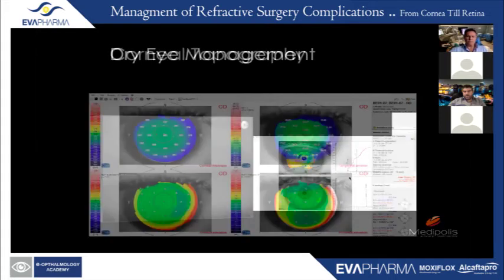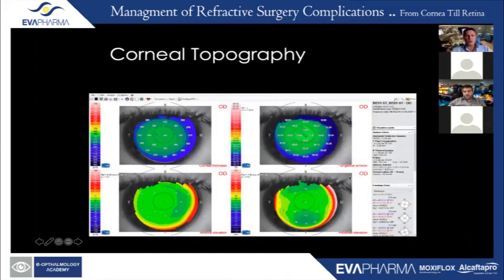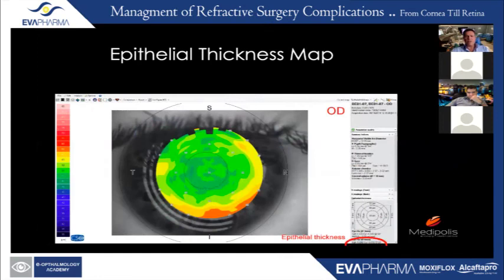because this is a key component in avoiding problems after surgery. I also use the MS39 from CSO. I do corneal topography. We look at the anterior and the posterior elevation and the corneal thickness, of course. This instrument also gives us the anterior chamber depth from the endothelium. And this is a very important button here: when you click on it, you get the epithelial thickness.